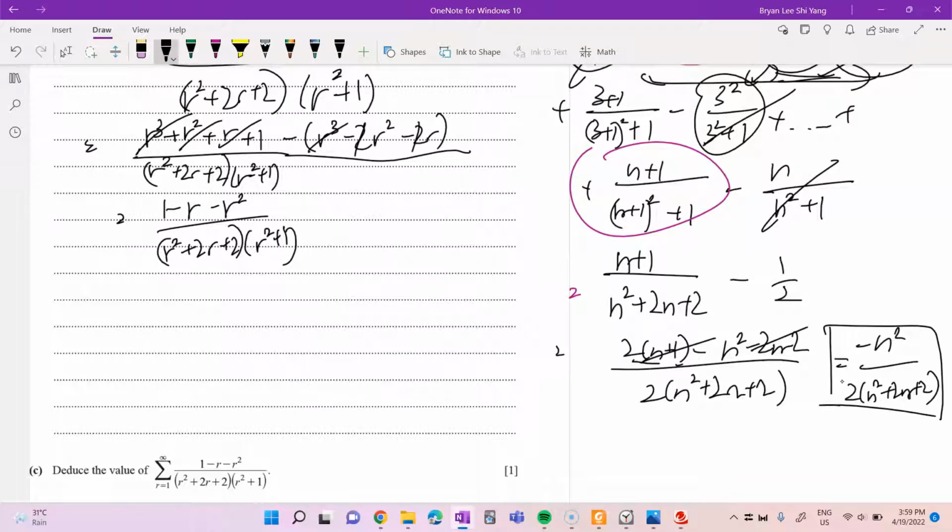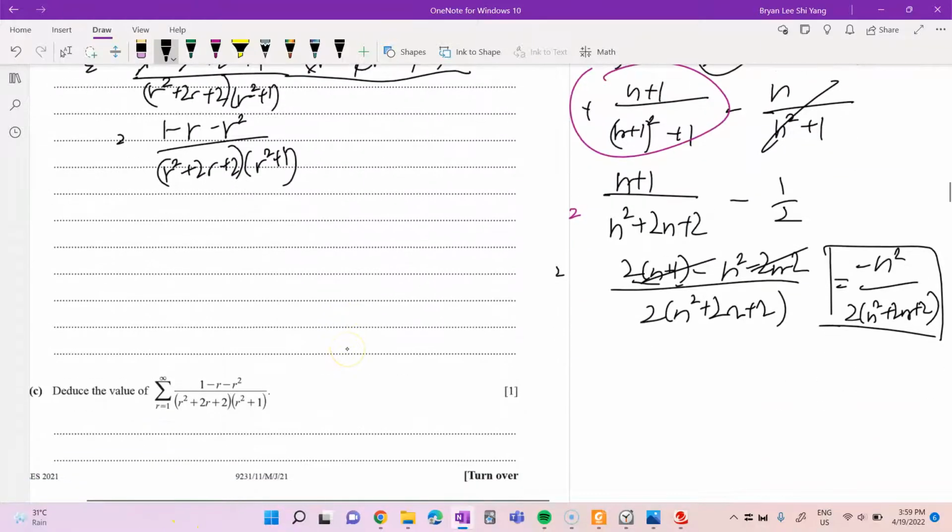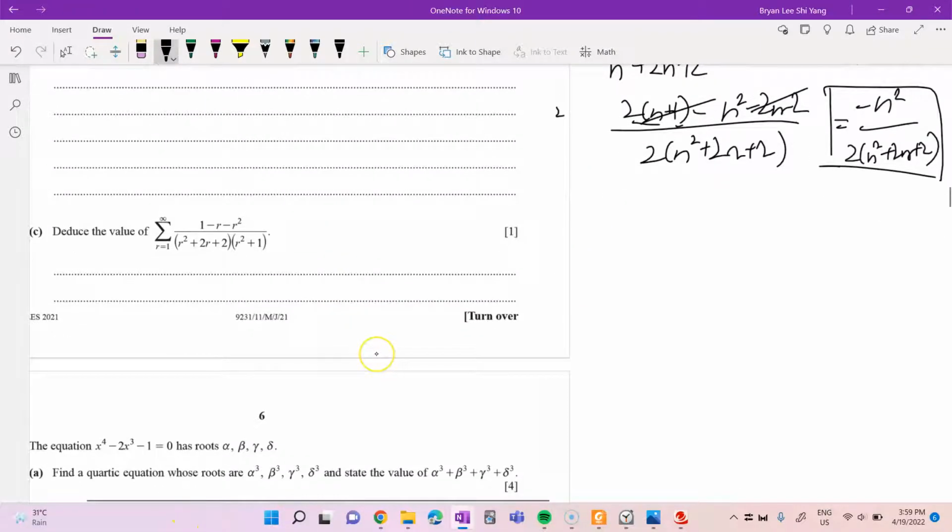Now, from here, we want to deduce the value of this whole thing from 1 to infinity. So I think you could just think of normal values. As n approaches infinity, maybe let's put very large numbers over here.